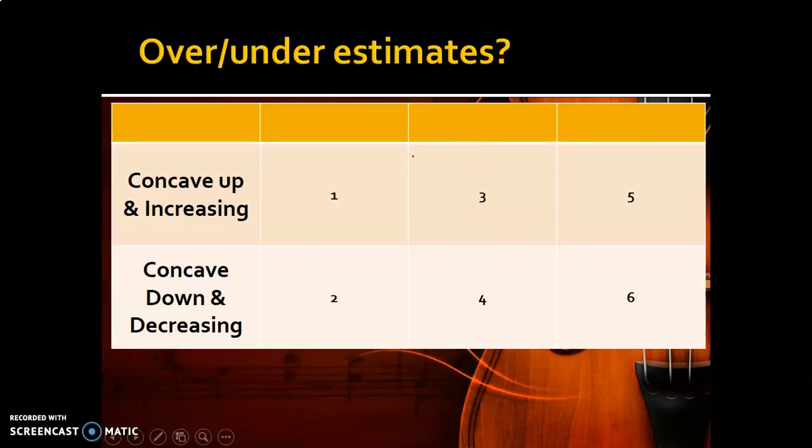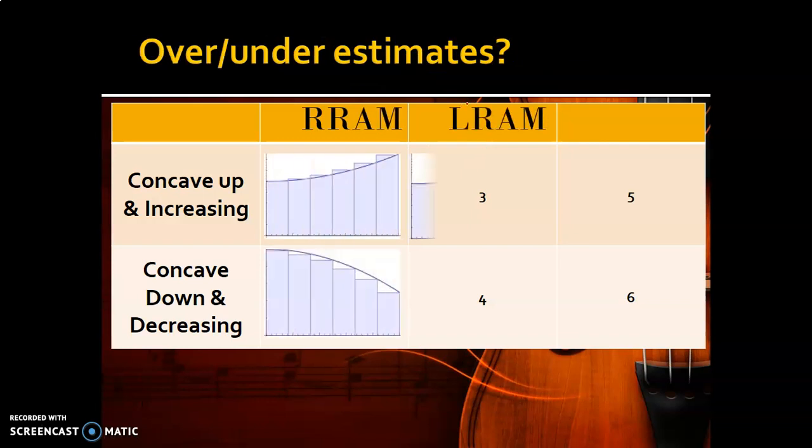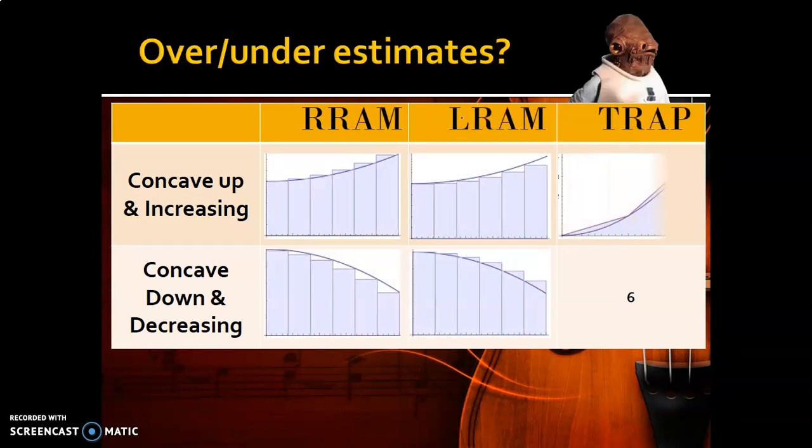On the AP exam, they will likely ask you if your Riemann sum approximation is going to be an over or an underestimate. So think about whether your function is concave up or concave down, or increasing or decreasing.